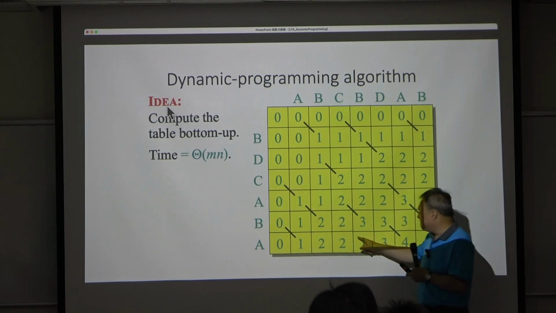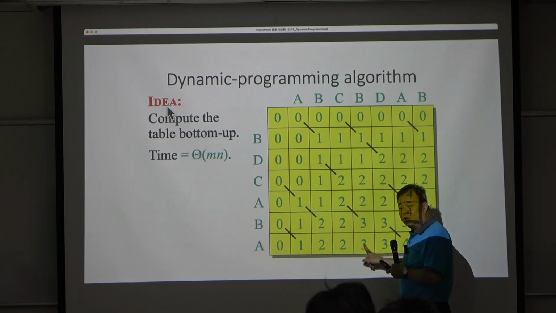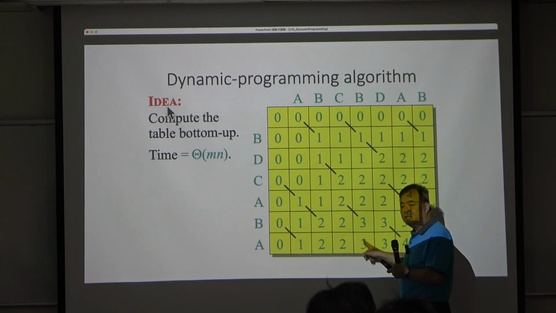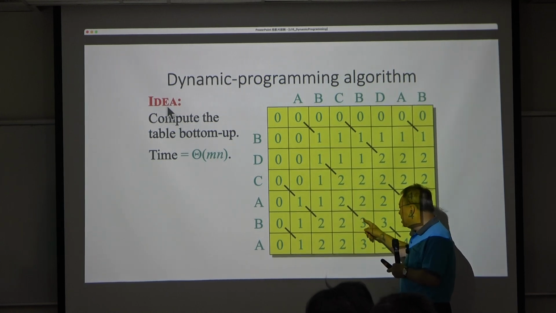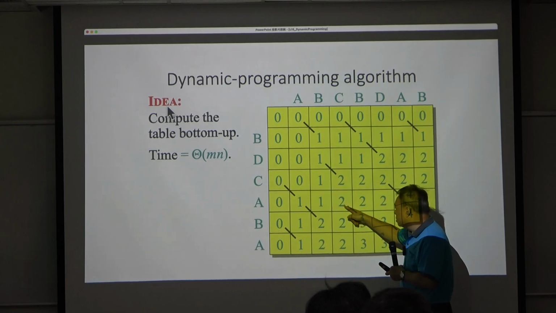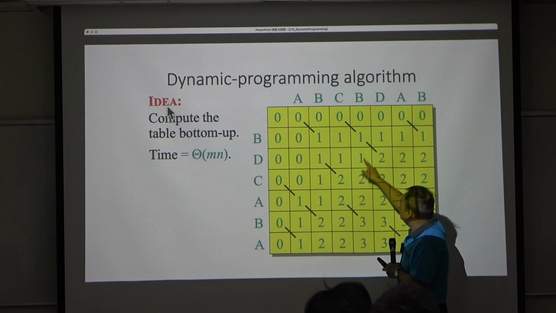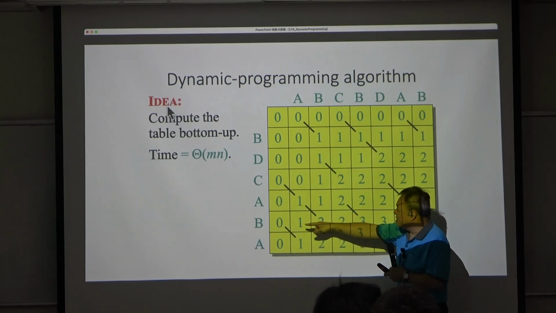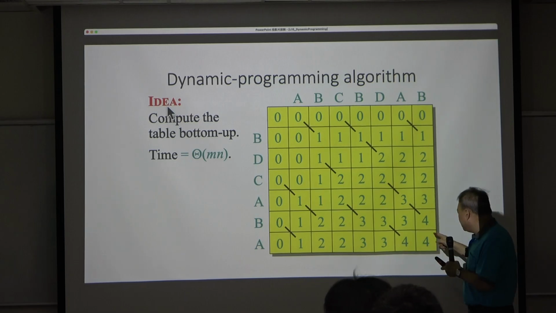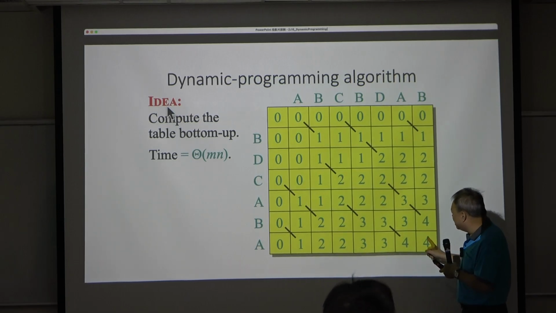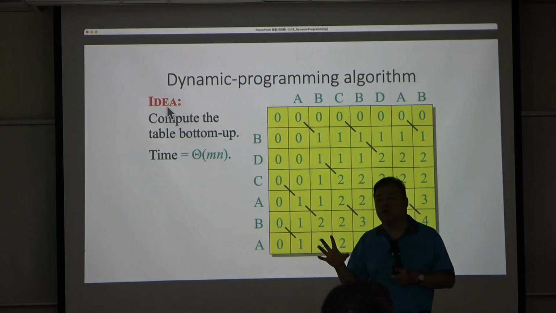For example, a 3 comes from the top, so you go up. You don't go this way, you go up. And for a diagonal, now you understand there's a match, so you output that B. But how about the case where the left side and the top are the same? Then you have the option to go either way.